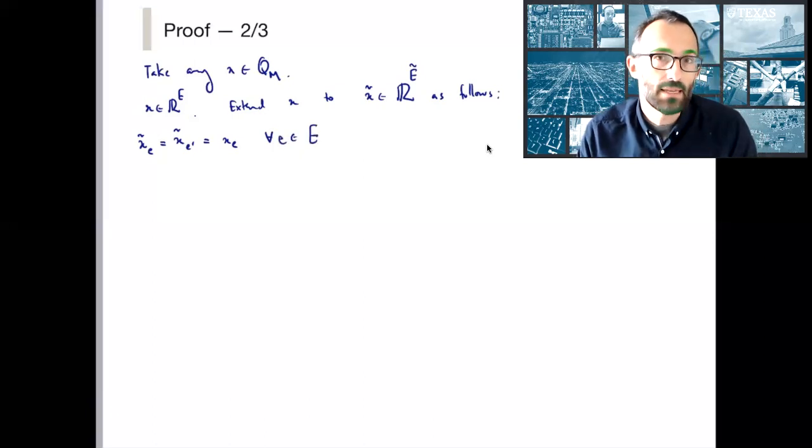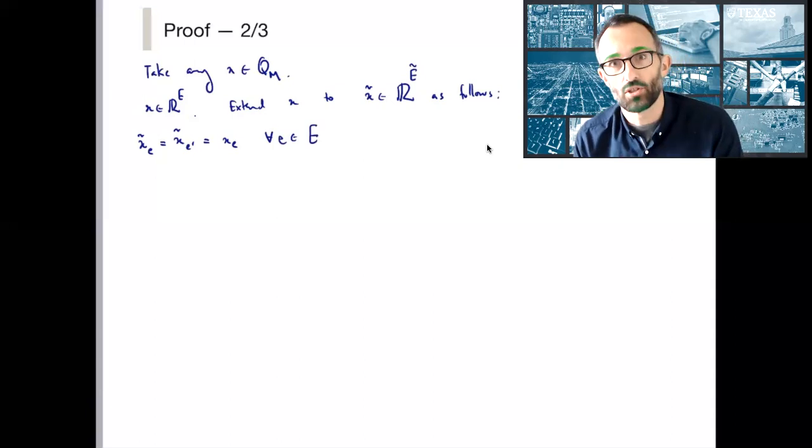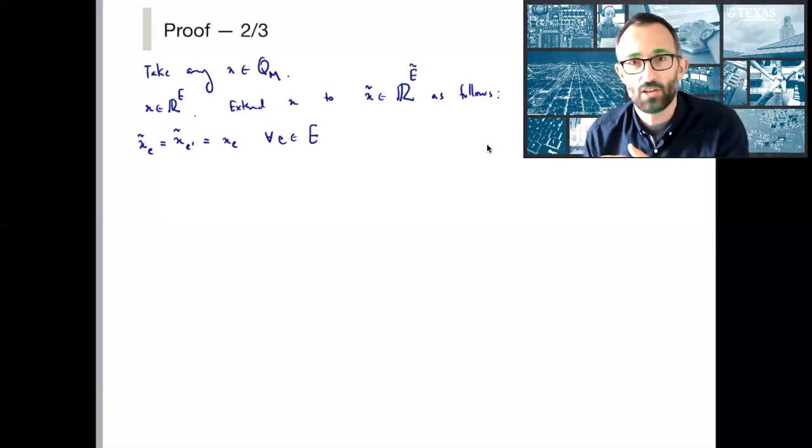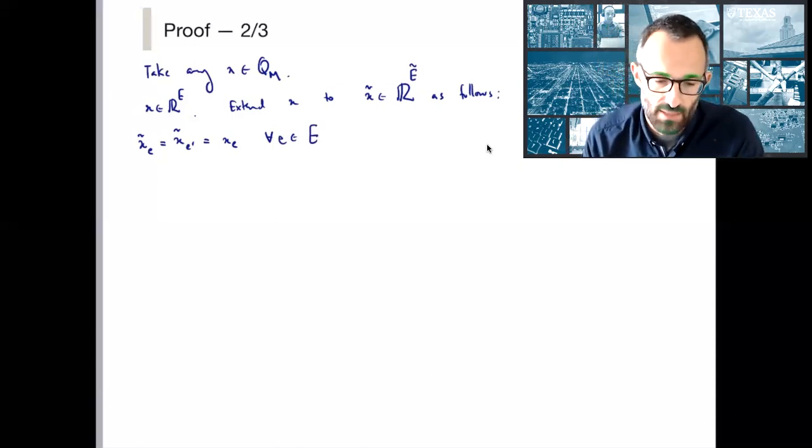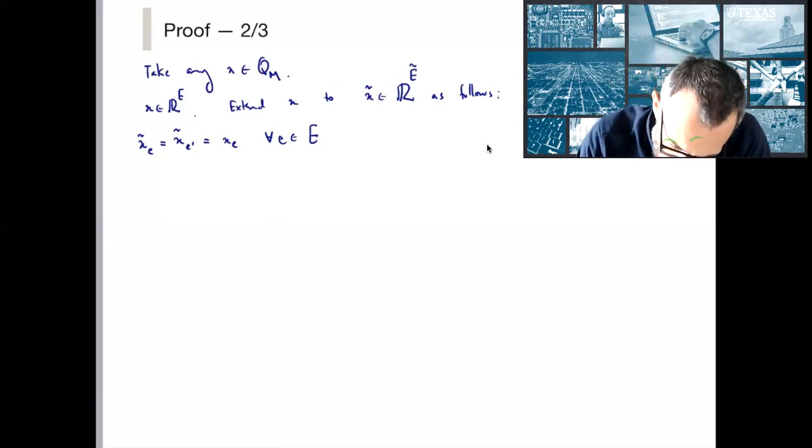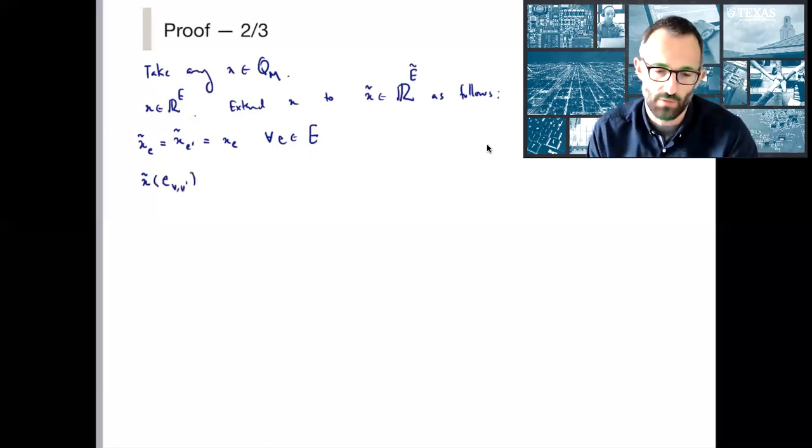And now I need to also choose weights for all of the additional edges, the V to V dash edges, the dashed edges in the previous slide that we added. And I'm going to choose these in a special way. So the weight of any edge, I'll call this e from V to V dash. Hope that notation is not confusing.